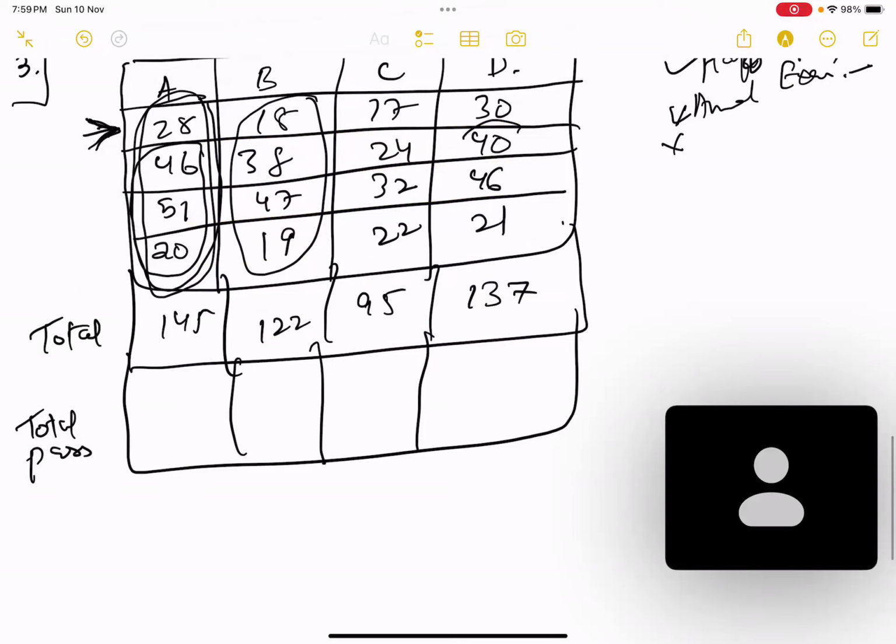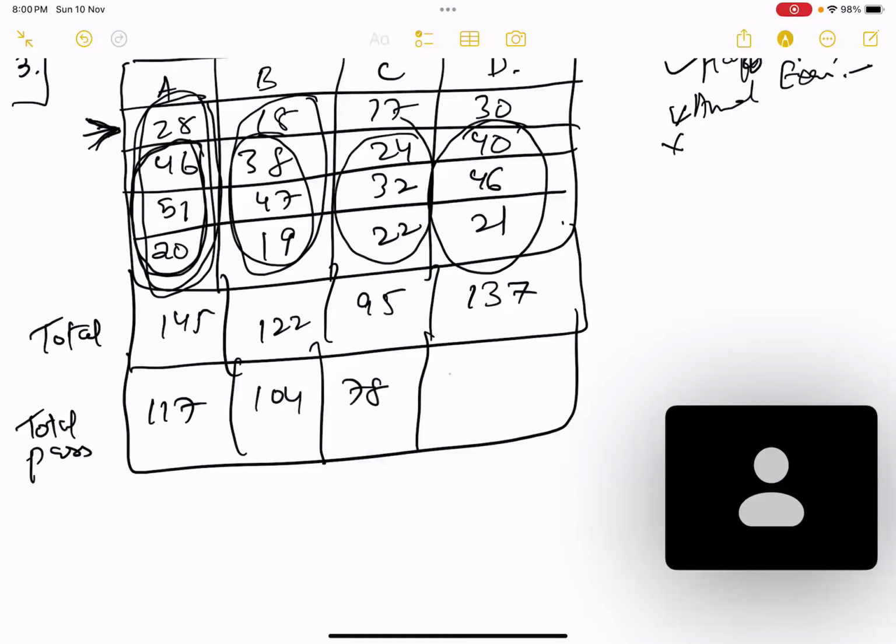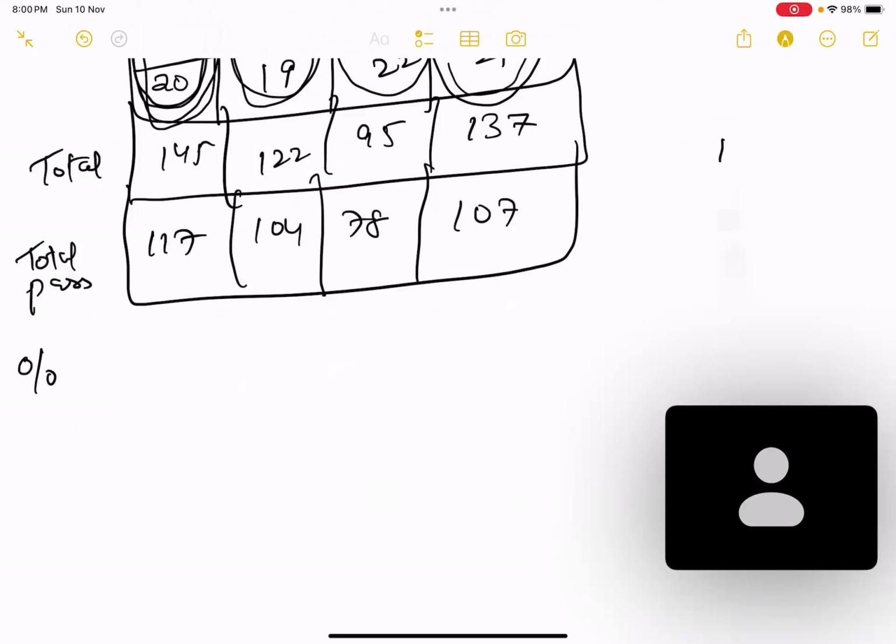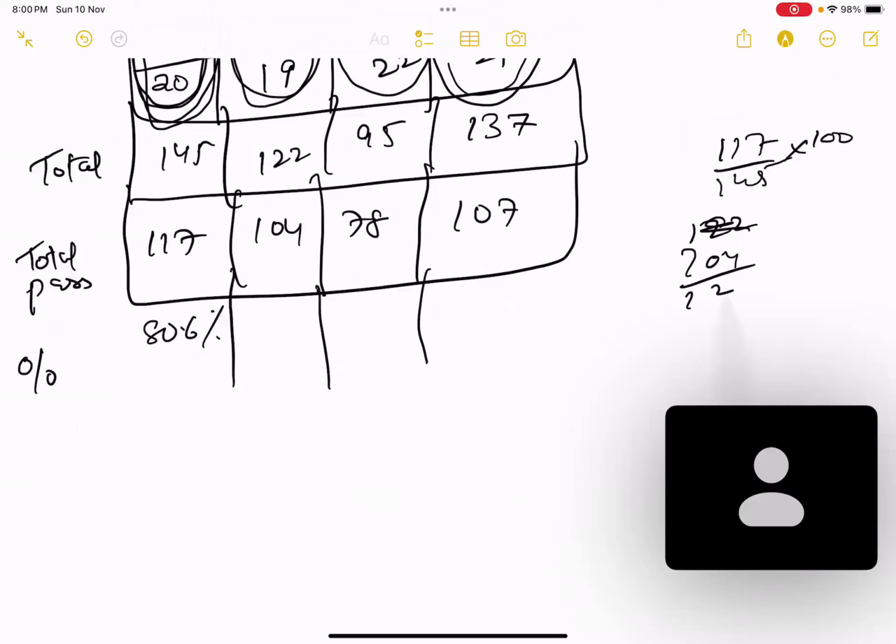And if you find the percentage, the first one, how much? 117 by 145 into 100. This we get as 80.6%. Second is 104 by 122 into 100%. This we get as 85%.